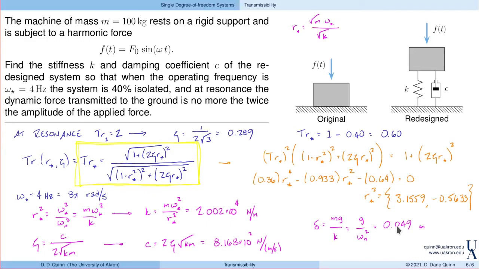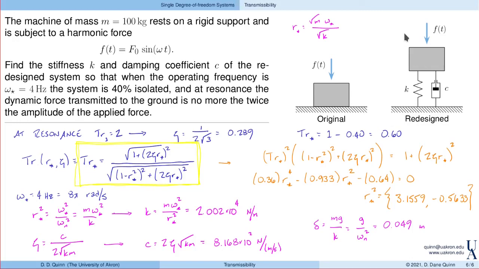So roughly 5 centimeters. Again, we've used the transmissibility to ultimately design our foundation so that we get good performance for our system in terms of the force that is applied to the ground. So we can actually reduce the dynamic load applied to the ground for a given excitation amplitude.